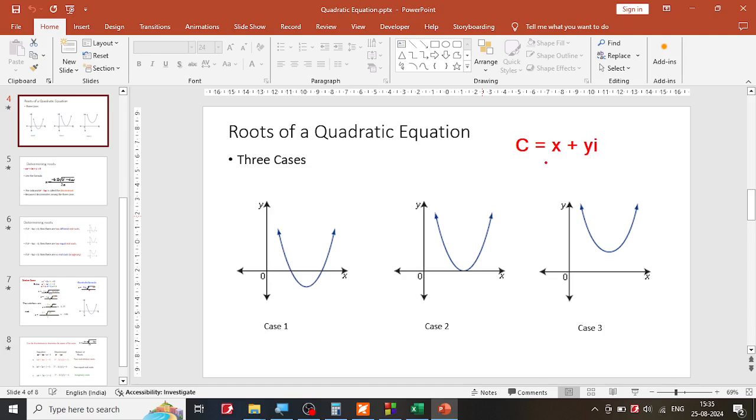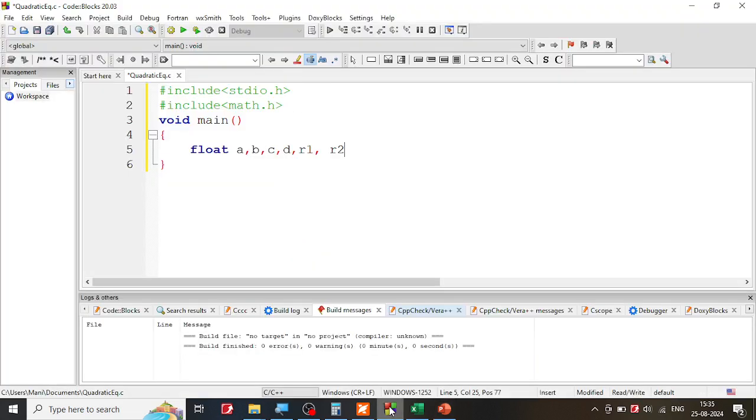So this part is going to be the real term, and this part is going to be the imaginary term. So I'm going to take two more variables. One is real, and the other one is imaginary. Done.